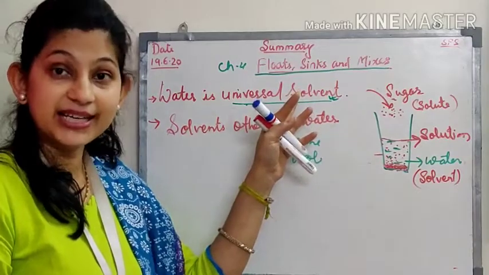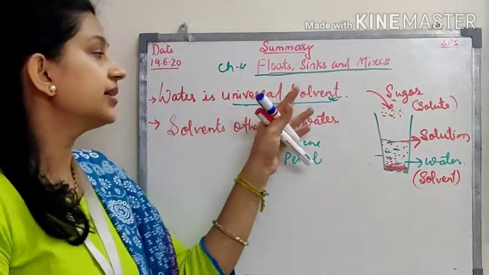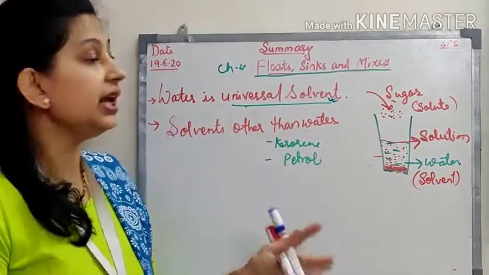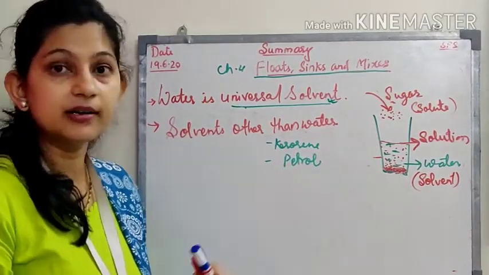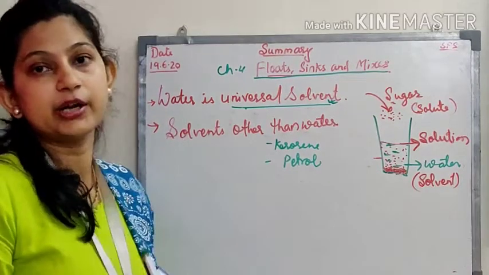But this is not the end. Not all things are dissolved in water. Most things dissolve, that's why it is called the universal solvent, but not all substances. Then come solvents other than water. A few other things can dissolve solutes which water cannot dissolve.